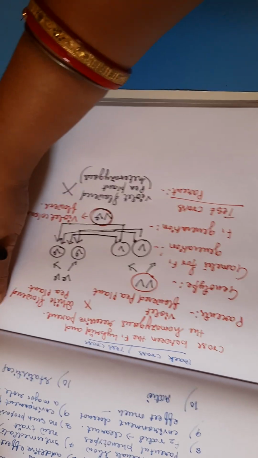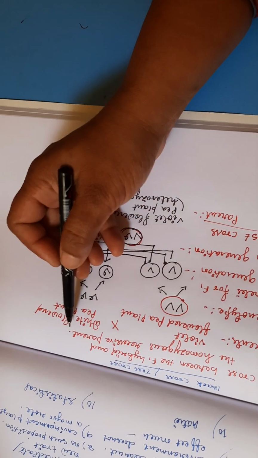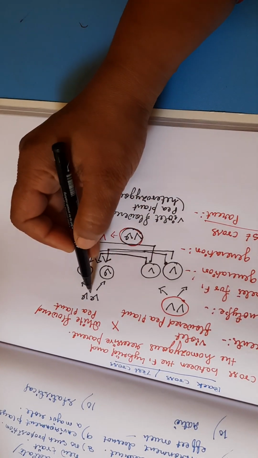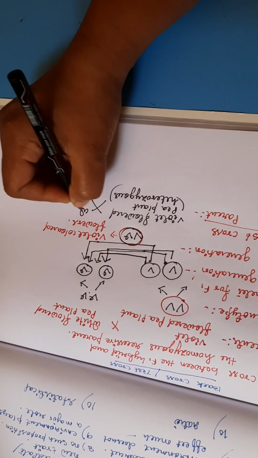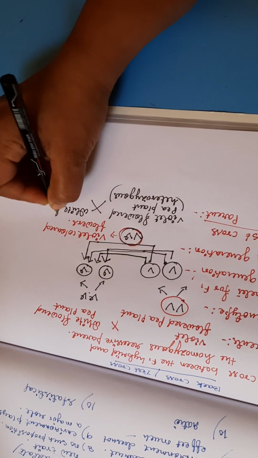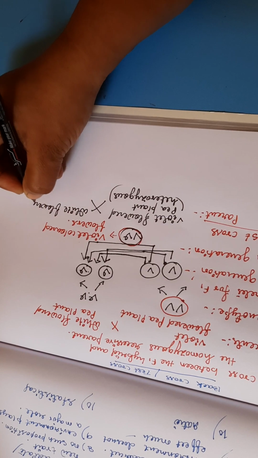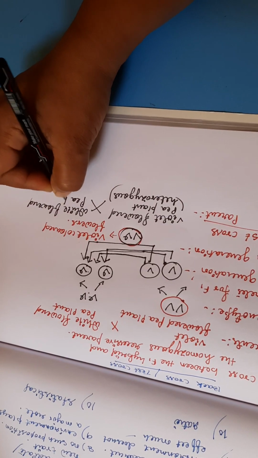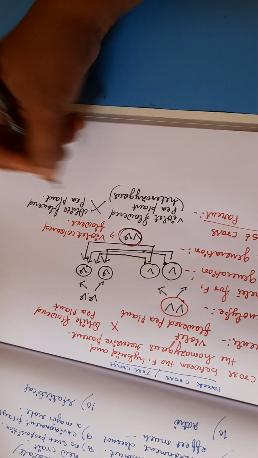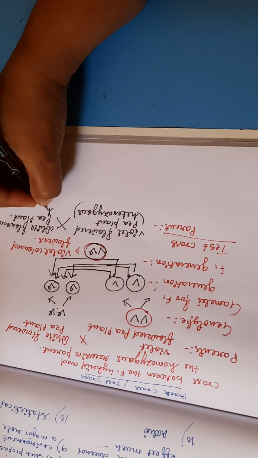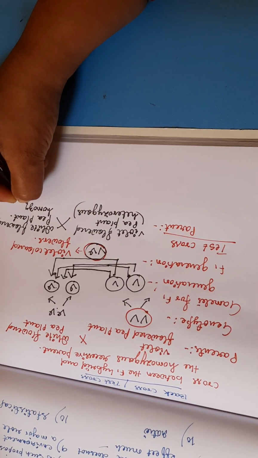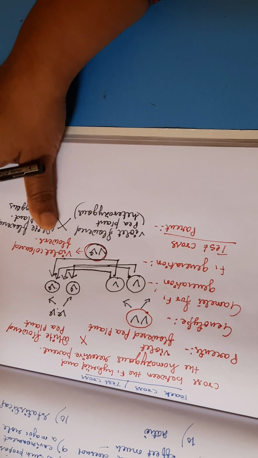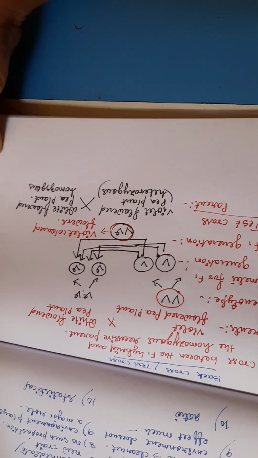It will be crossed with the homozygous recessive parent, so it will be crossed with a white flowered pea plant which is homozygous for the trait. I hope this is visible to all of you.